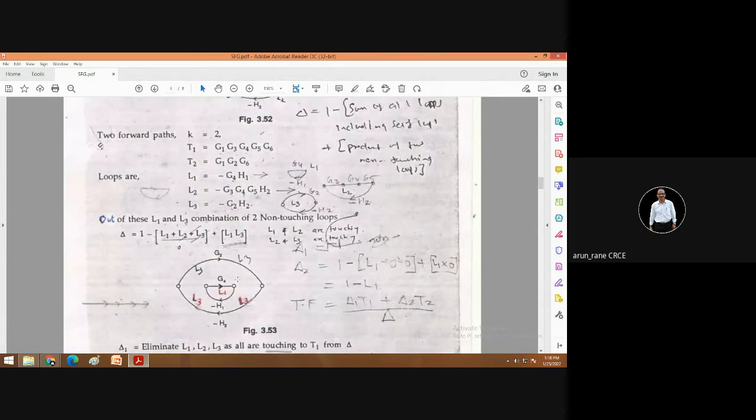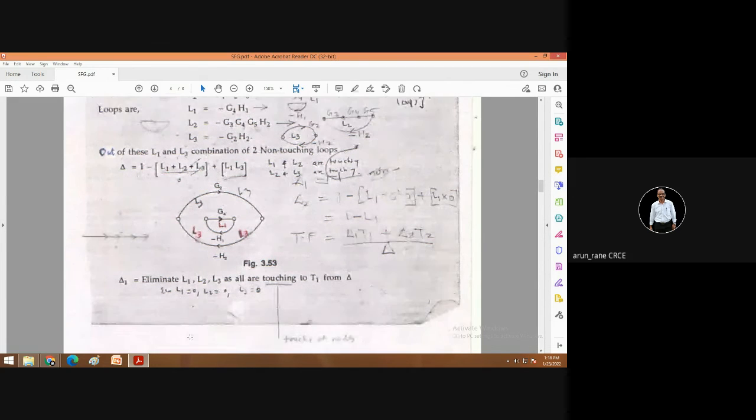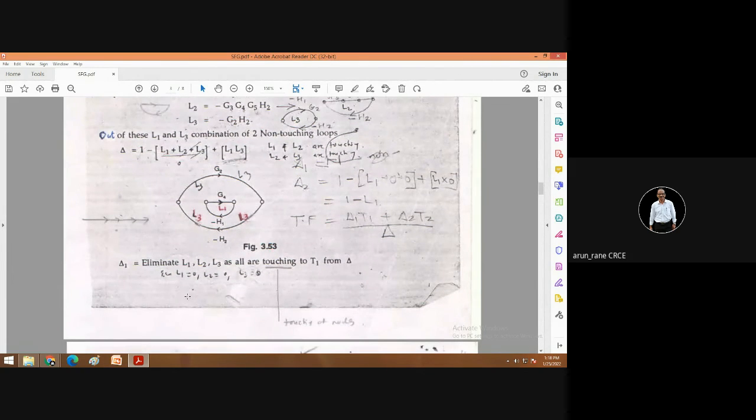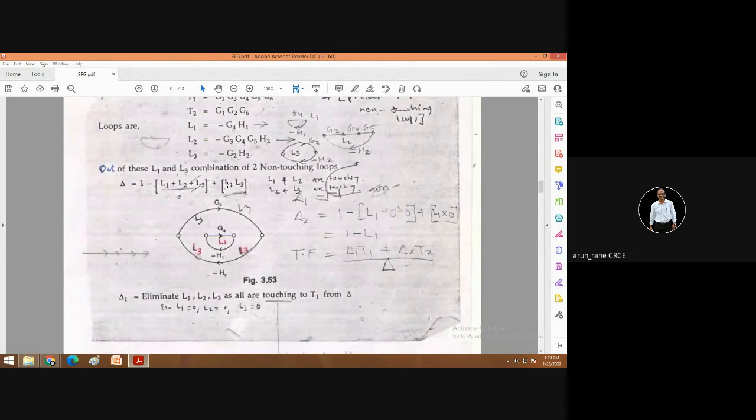So all three loops are touching. So L1 is 0, L2 is 0, L3 is 0, because you have to eliminate L1, L2, L3 as all are touching T1. Whichever loops are touching the first forward path, you take them as 0. So delta 1 is equal to 1 minus 0, 0, 0, 0 into 0. So delta 1 is equal to 1.